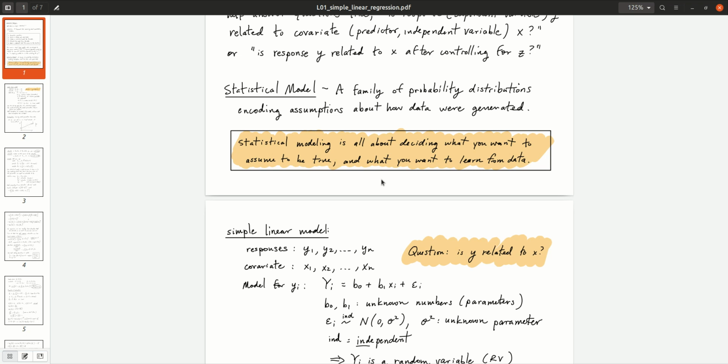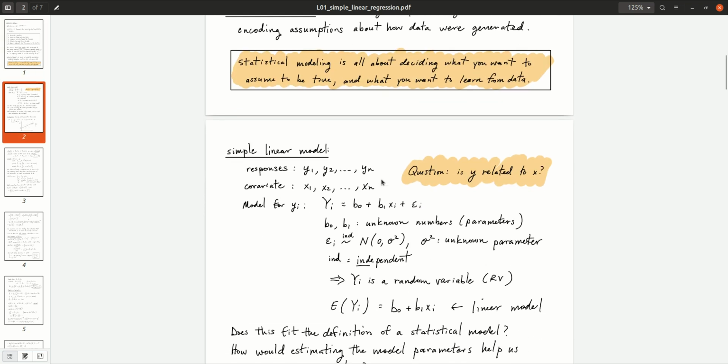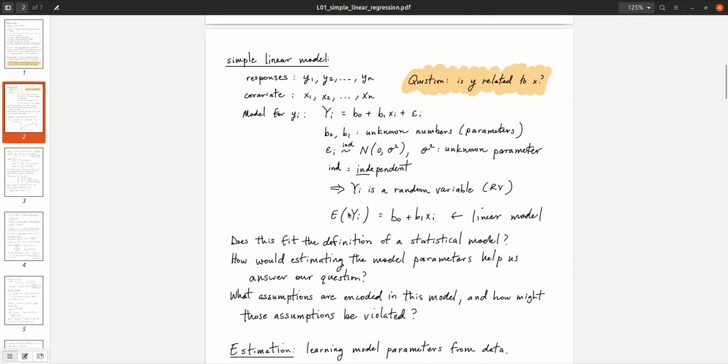So in this model, we've assumed that the relationship between the expected value of the response and the covariate is a linear relationship, but we've not assumed what that particular linear relationship is, meaning we've not made any assumption about what the intercept is and what the slope is.